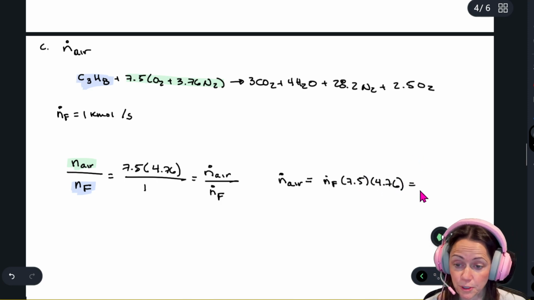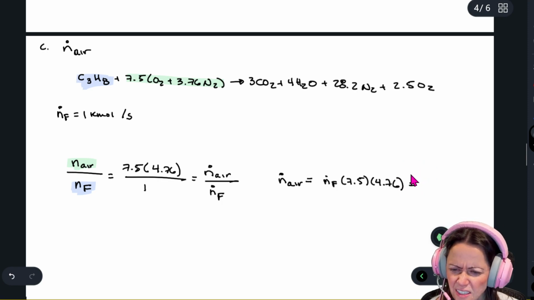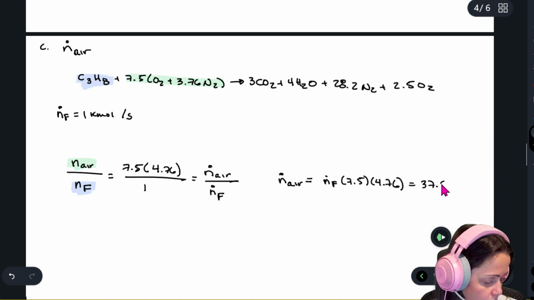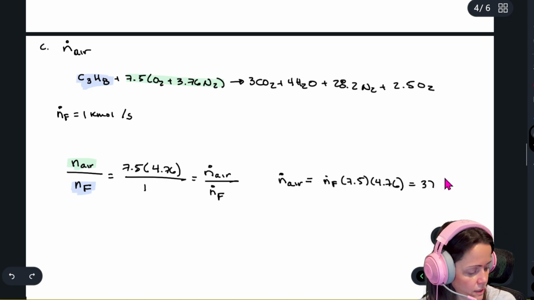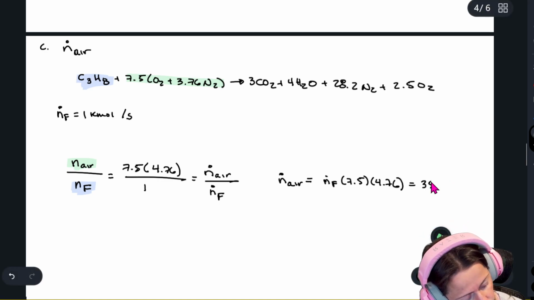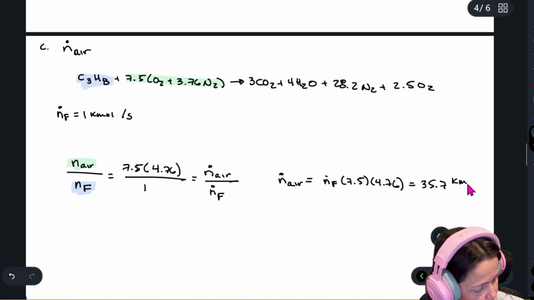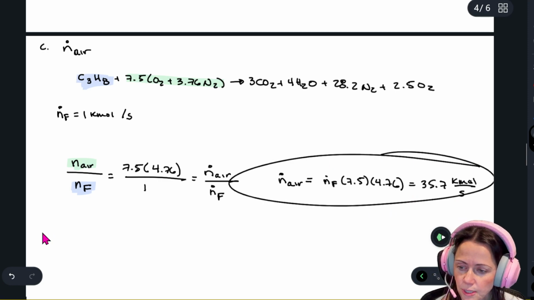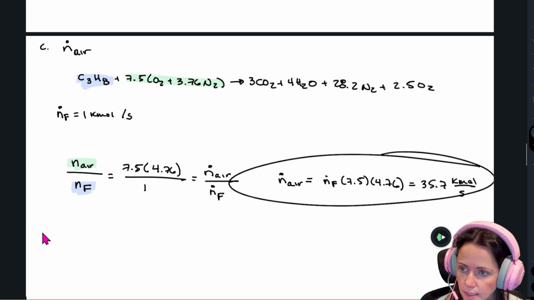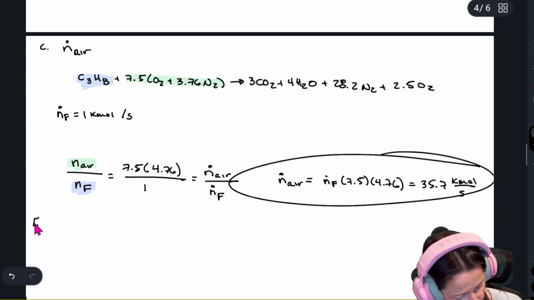So 1 kilomole per second times all that. Let's see, so 37.5, I'm sorry, 35.7, apologies. And that's going to be kilomole per second. There we go. So that's D and C and D, and now we need E.